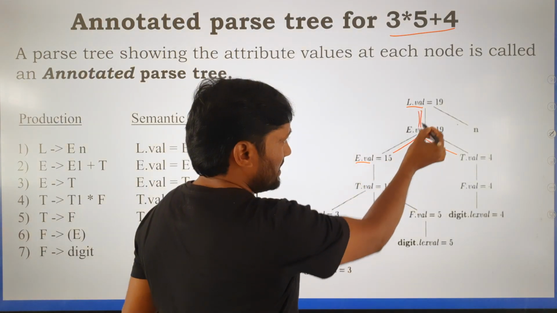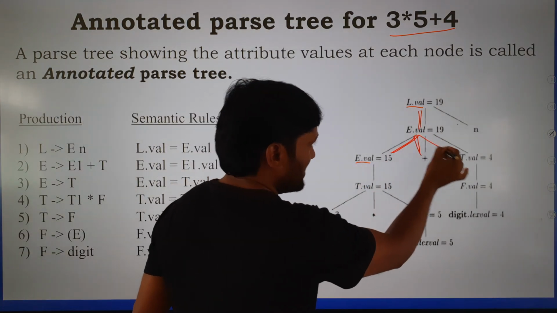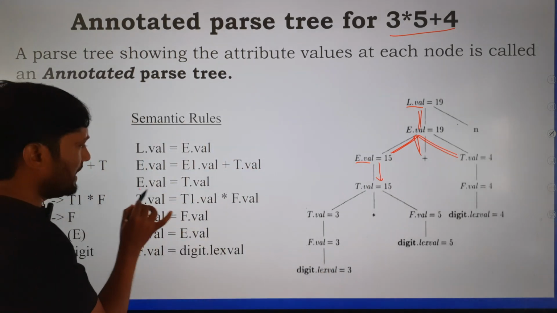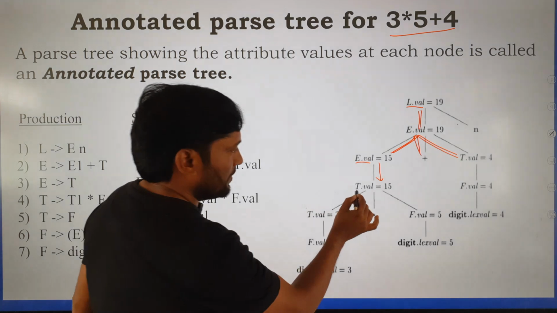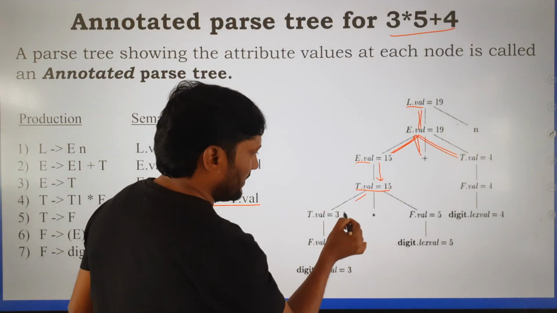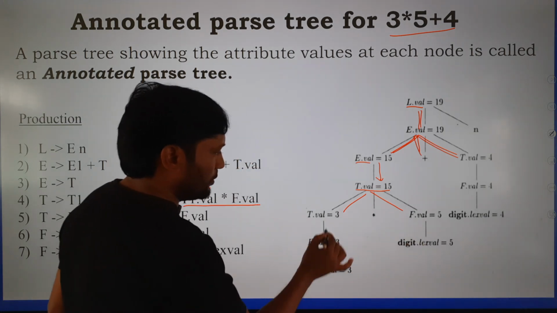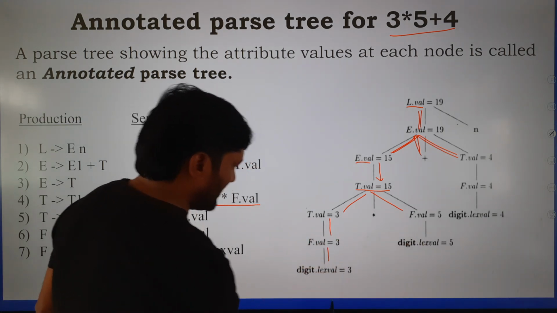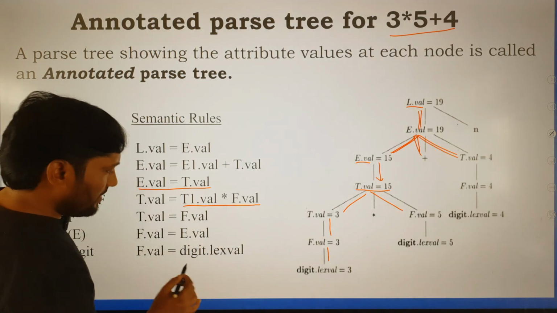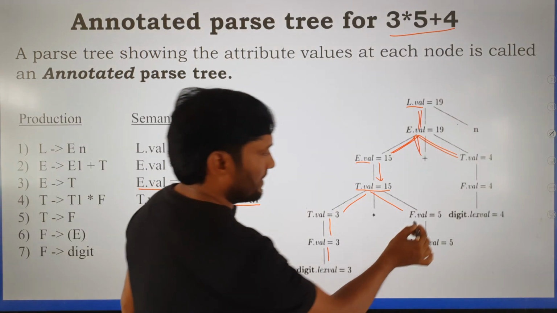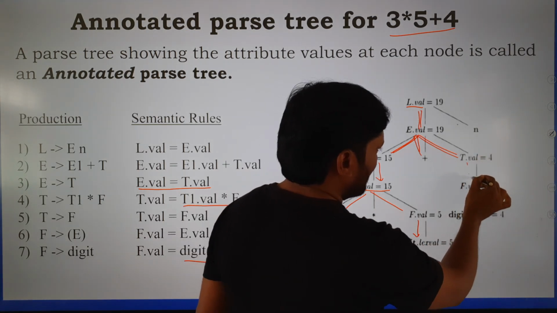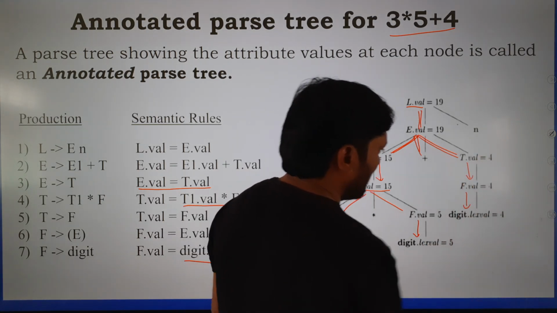L derives E and E derives E plus T, and E derives T because there is a production E derives T. Okay, so T derives T1 star F dot value, T derives F and F derives digit, T derives F, F derives digit dot value.